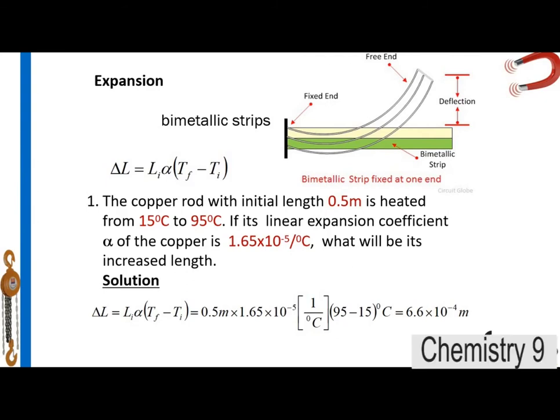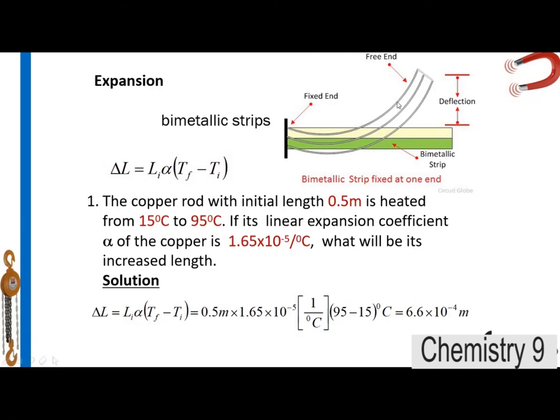We've talked a bit about expansion. And we've said that expansion occurs when a substance is exposed to thermal energy or heat energy, which causes the substance to actually expand. And in this diagram on the right-hand side, you can see what we have in terms of a bimetallic strip. In other words, what we have here is a strip which consists of 2 different types of metals which are connected to each other.